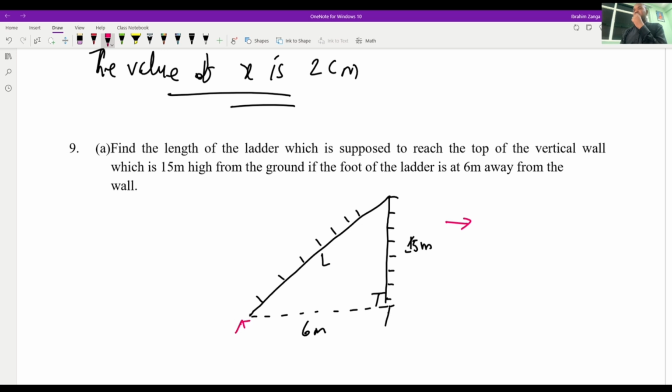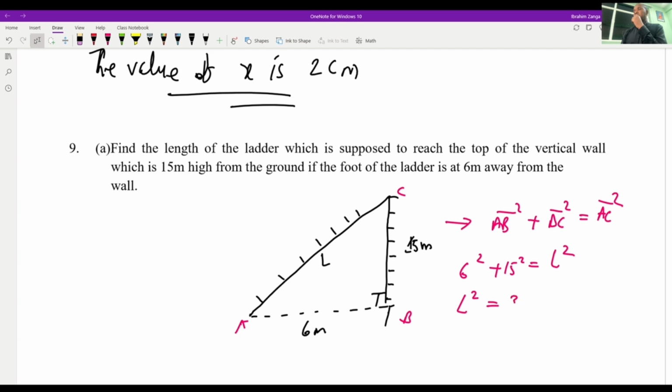If this is A, B, C, we are going to say that AB square plus BC square equals AC square. So 60 square plus 15 square equals L square.